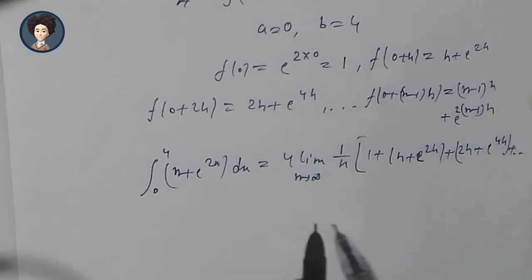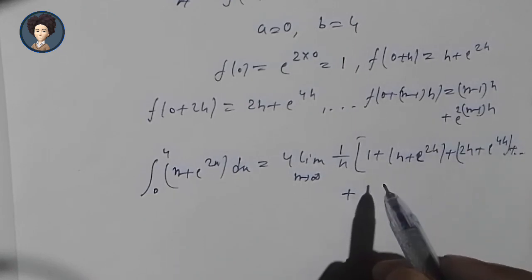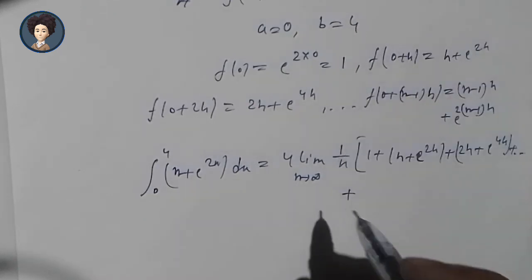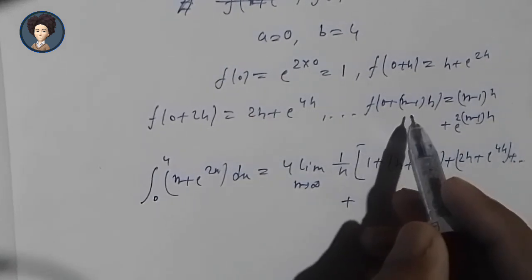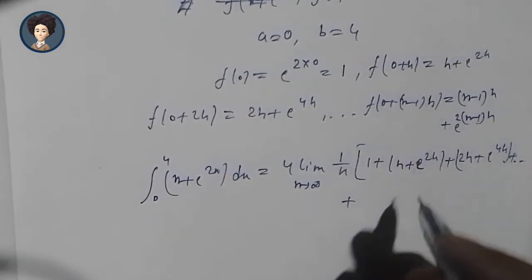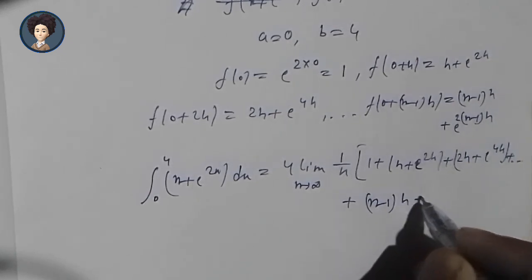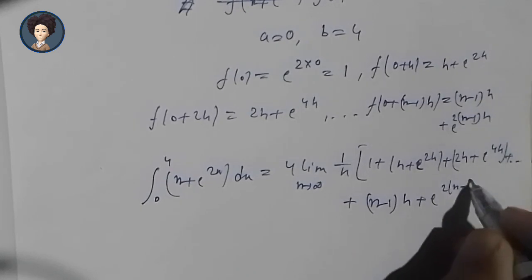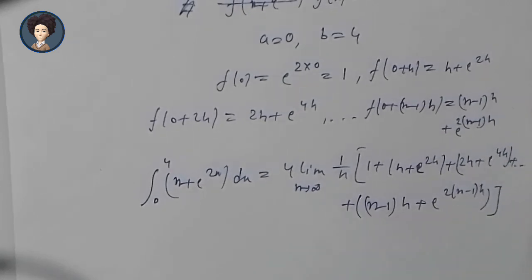We will get many terms here, up to the n minus 1 term, f of 0 plus n minus 1 h, which becomes n minus 1 h plus e to the power 2 into n minus 1 into h. This is what we get here.